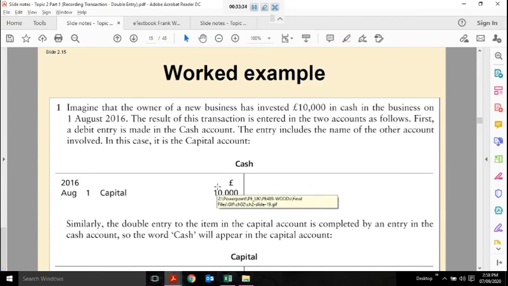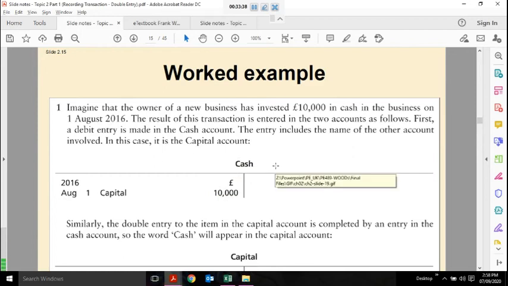So now the item exchange is the cash. Item exchange is the cash. This cash is basically from, let's say the owner, it's me, from my own personal savings account. Now I transfer it to the business cash account. So when your cash in the business, which is your possession, has increased, you will record it on the debit side.